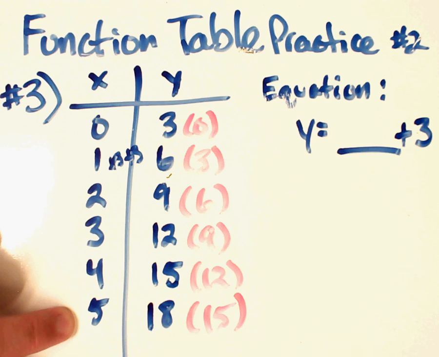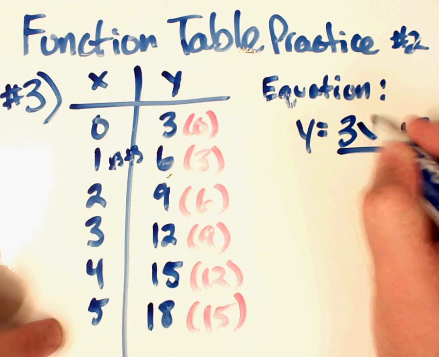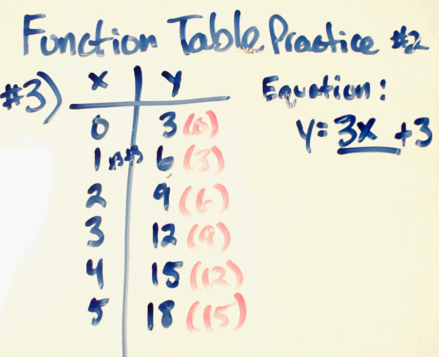So that's my missing piece, is I'm multiplying x by 3. So my final equation will be y equals 3x plus 3. Y equals 3x plus 3.